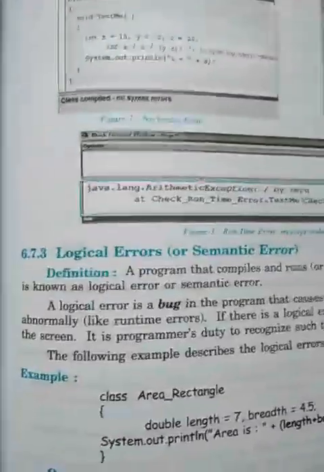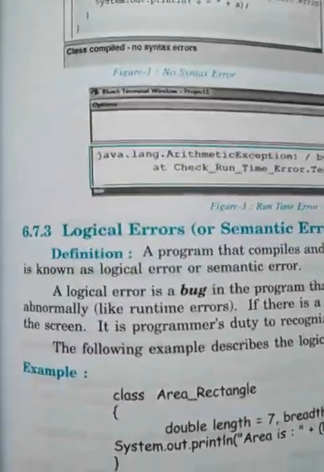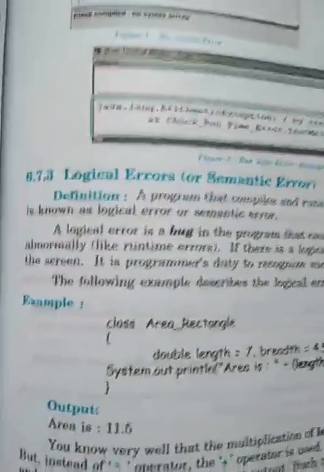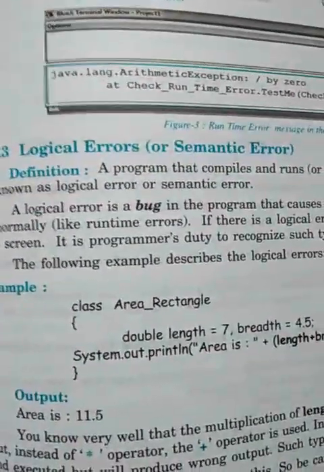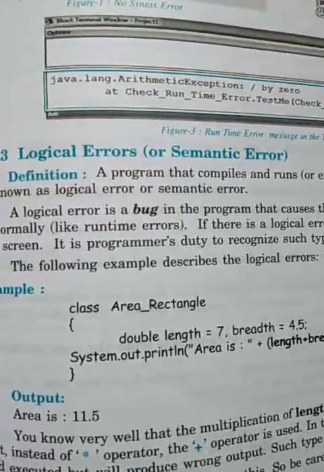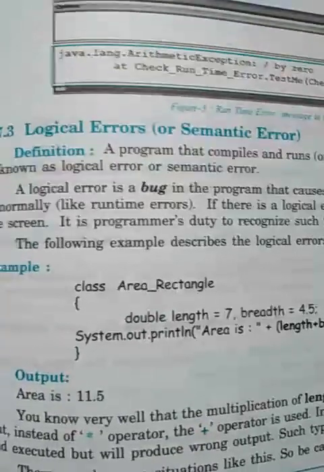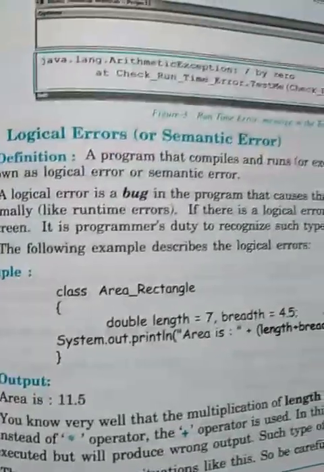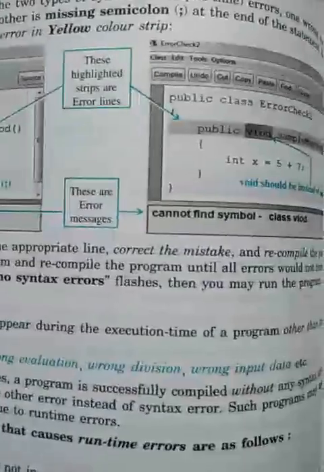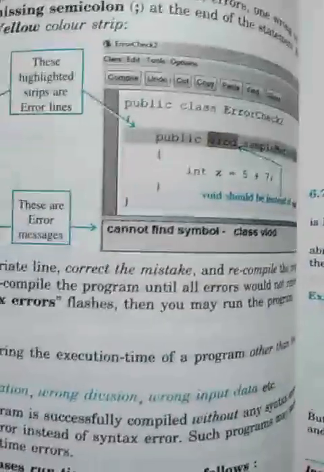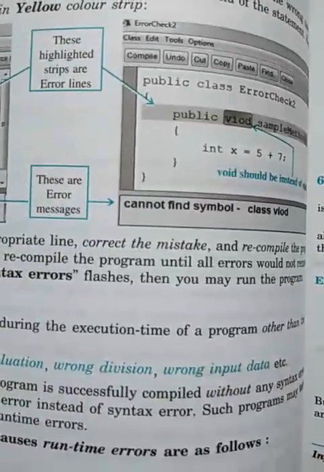Third category is the logical error. In case of a logical error, the answer will come, but the answer will be wrong. In case of a syntax error, the program will not execute. In case of a runtime error, the program will execute until the runtime error occurs.